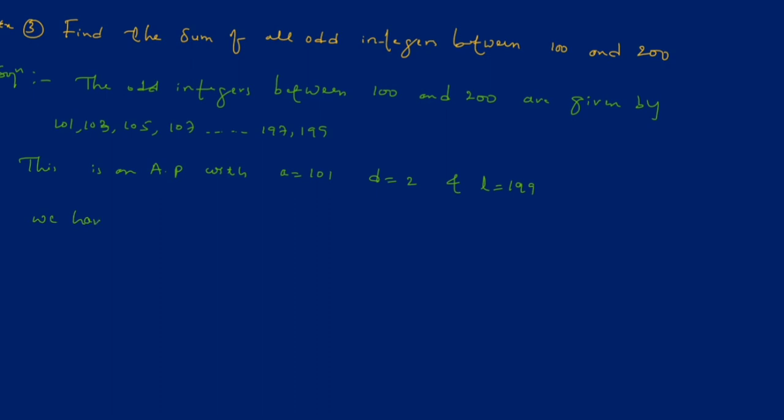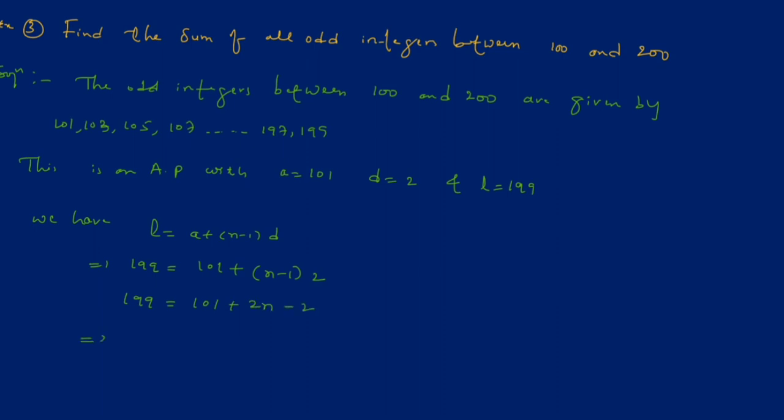So we have l equals a plus (n minus 1) into d. So substitute: the value of l is 199, a value is 101, and d value is 2. So 199 equals 101 plus 2n minus 2.